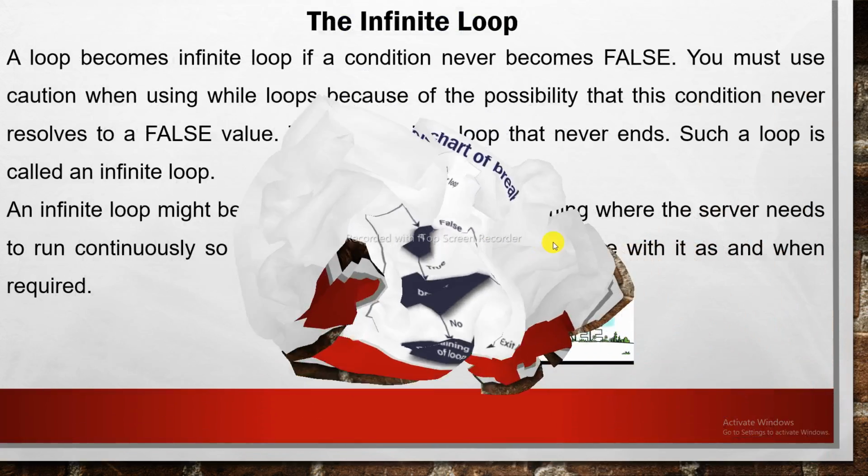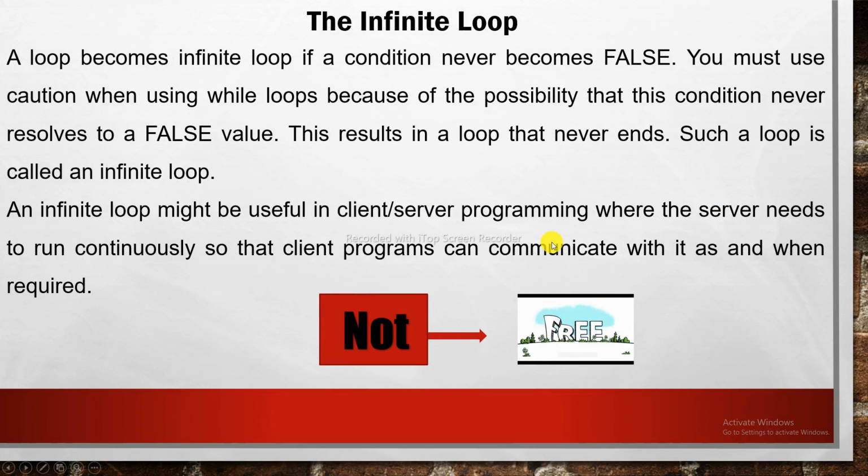Now this is very important. Sometimes we make mistakes while using loops, and at that time you have to forcibly terminate your program, so you have to be very careful.